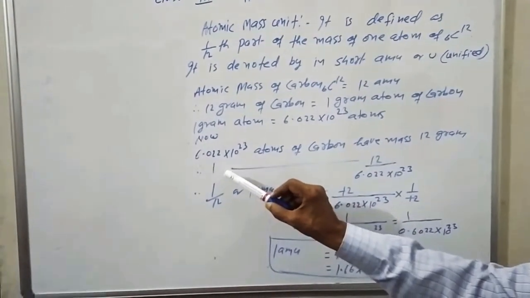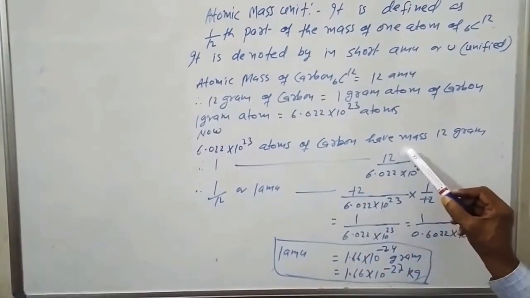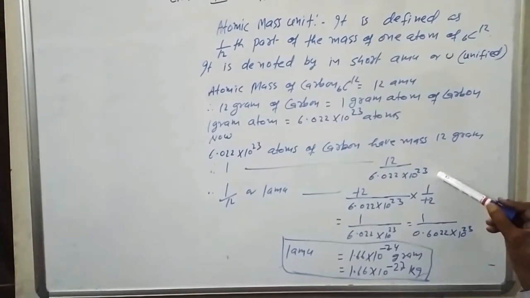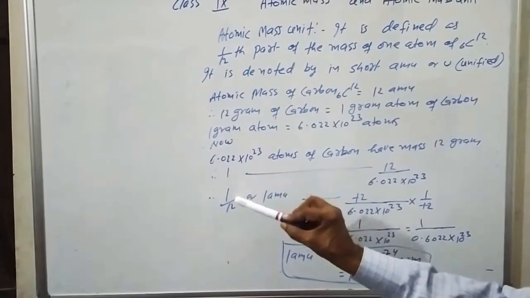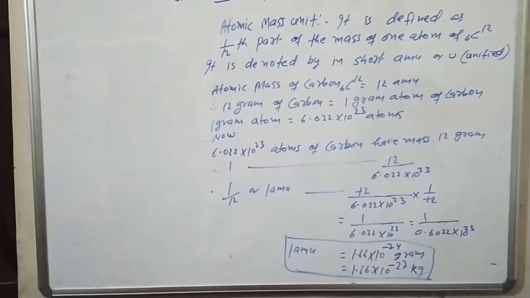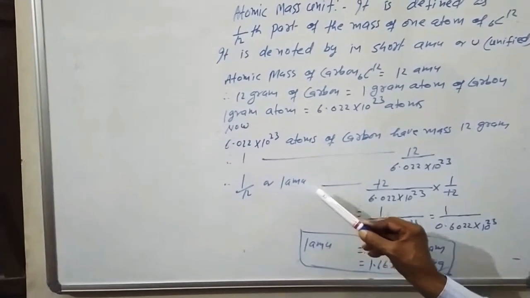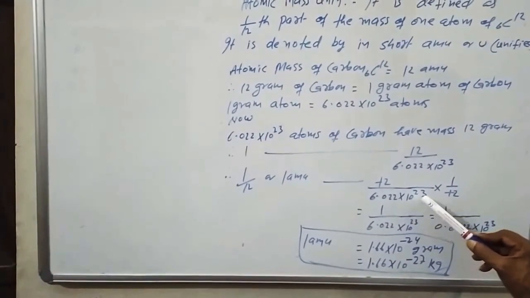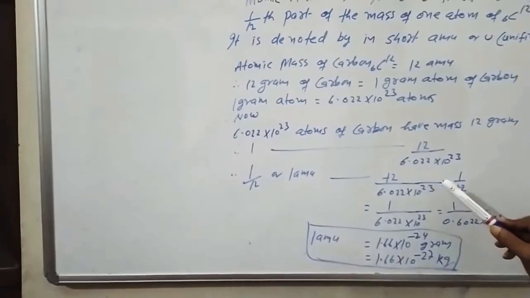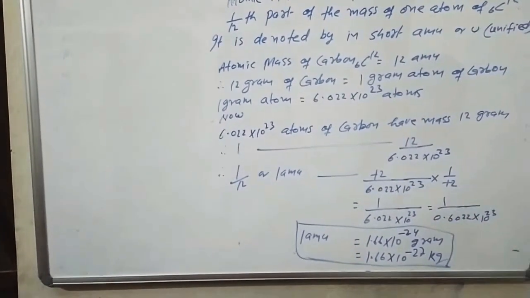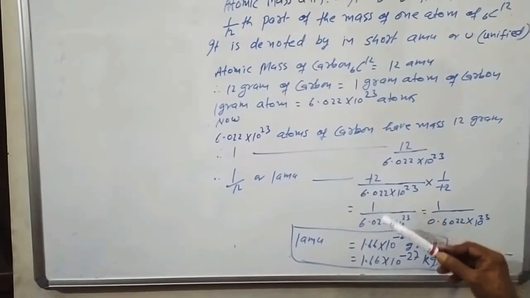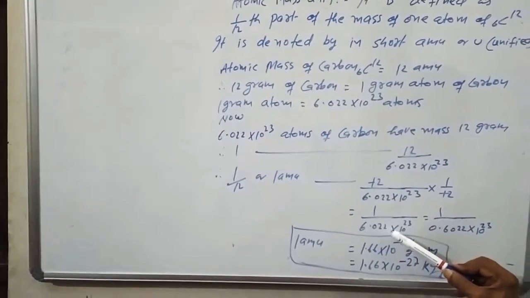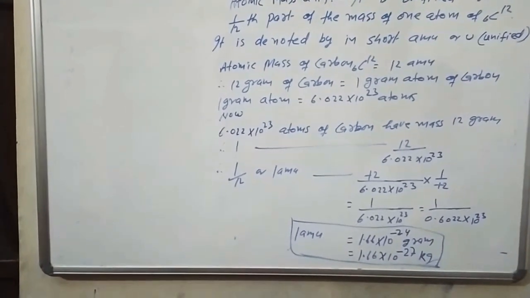Therefore, mass of one atom is 12 by 6.022 into 10 to the power 23 gram, or 1 amu is equal to 12 by 6.022 into 10 to the power 23 into 1 by 12. 12 and 12 up and down are cancelled, and we get 1 by 6.022 into 10 to the power 23.